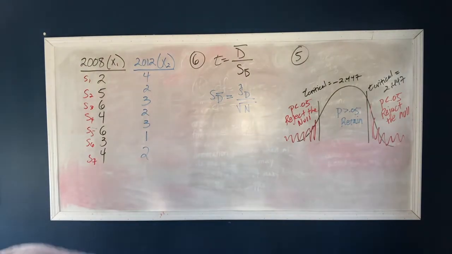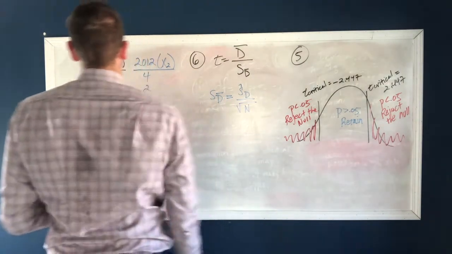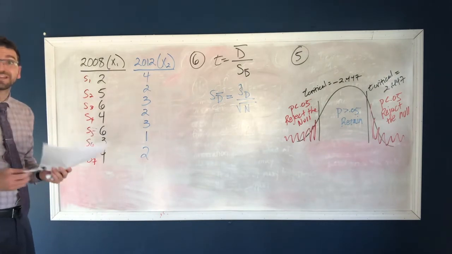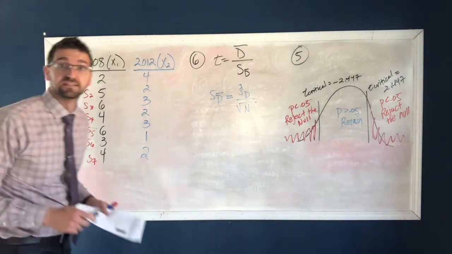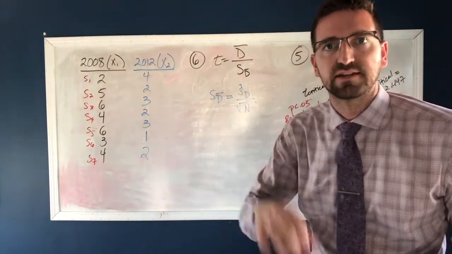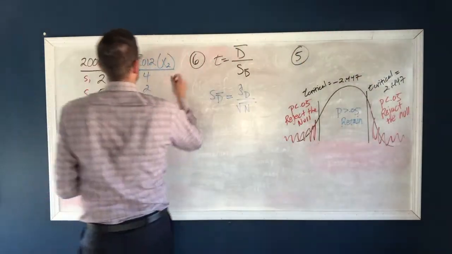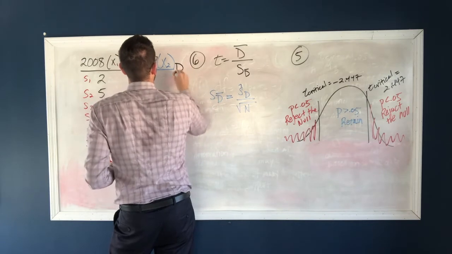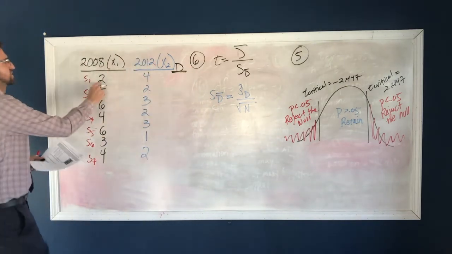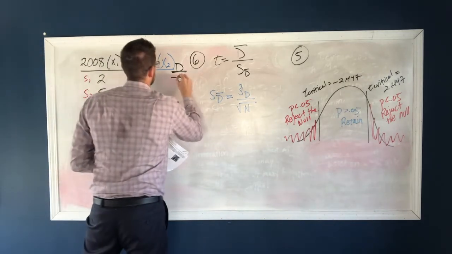Perfect. Here it is. Okay. So what we need to do now is figure out the difference. Okay? So think of it as the change in political orientation. So I'm going to create a new variable. I'm going to call it D. 2 minus 4.